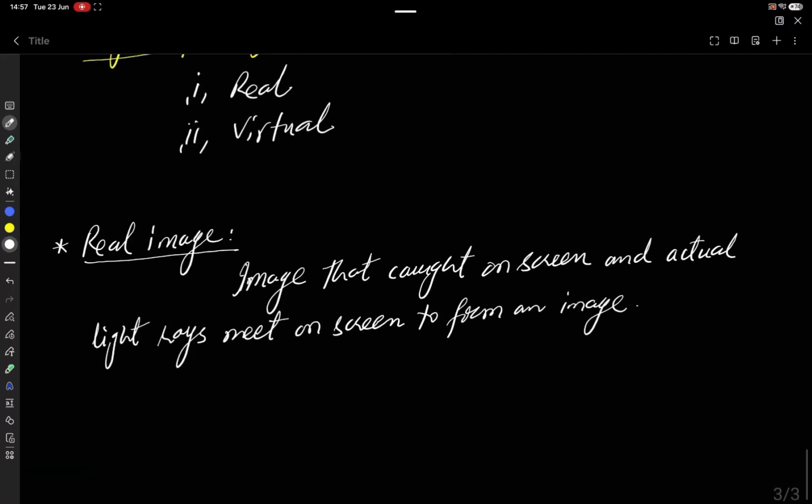Screen is any surface on which light is reflected.